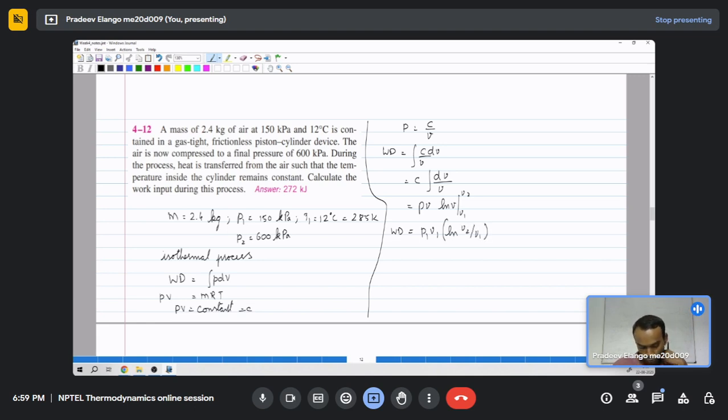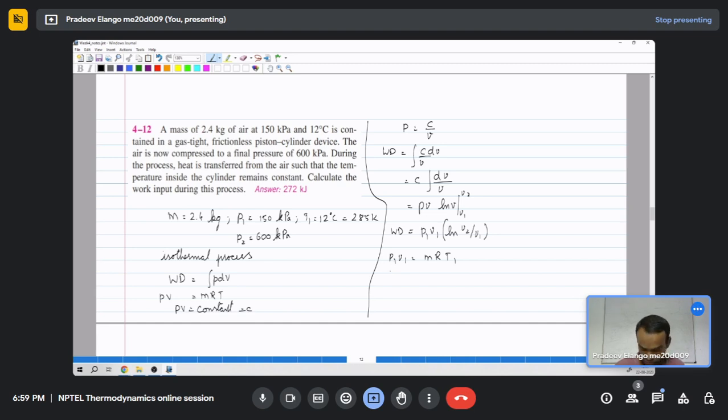Now we do not know the value of V at both the conditions, right? So that can be found. P1 V1 equal to mRT1. It is given as air.